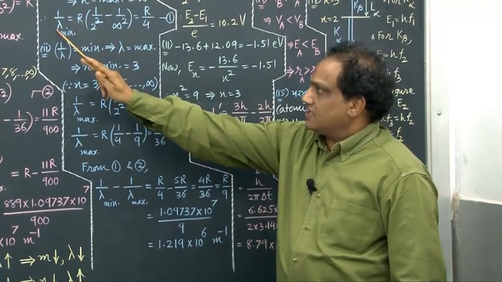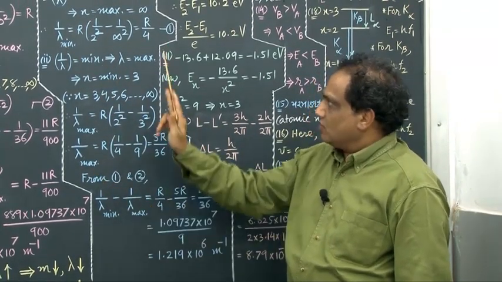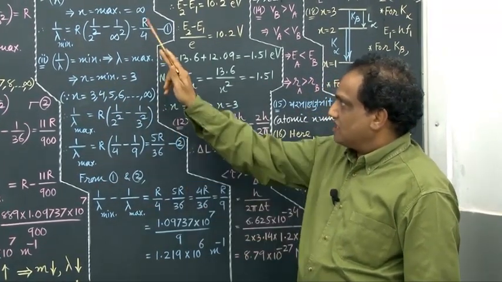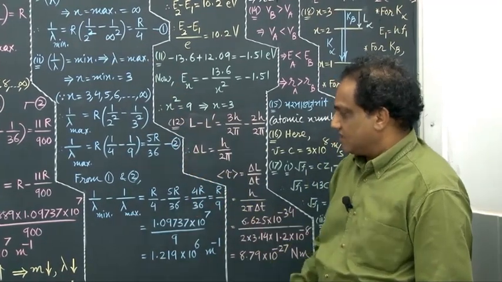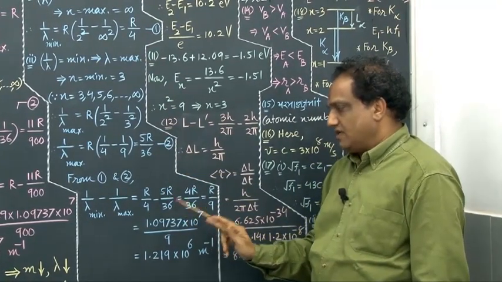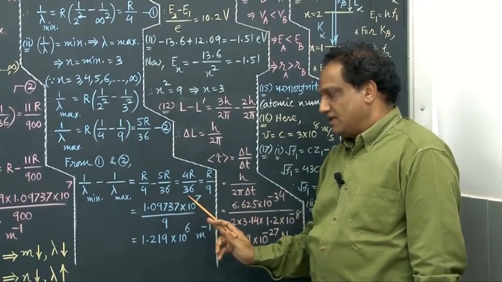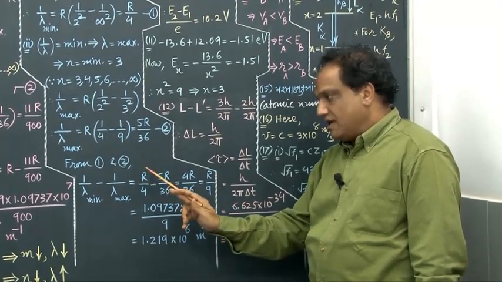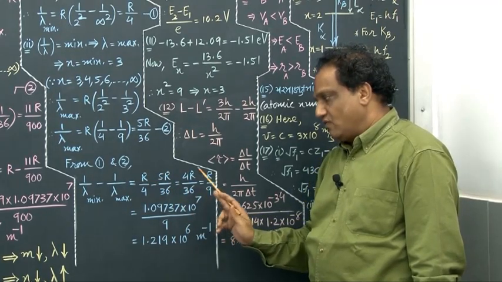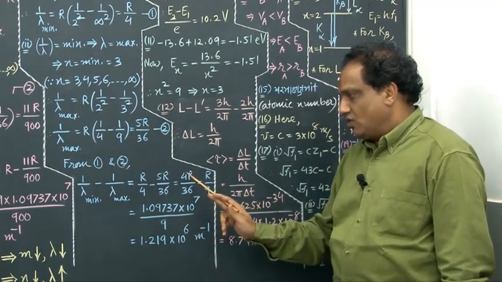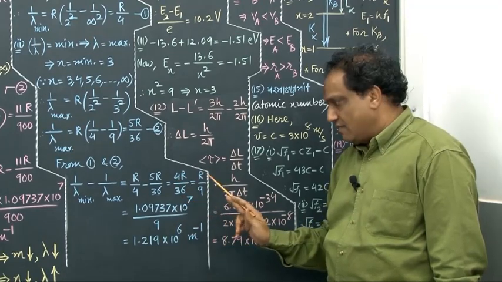In short, it is this minus this. So it is r by 4 minus 5 r by 36. LCM will be 36. 4 9s are 36, so 9 will be multiplied here. 9r minus 5r, that is 4r upon 36. Don't you know 4 9s are 36. So it is r by 9.